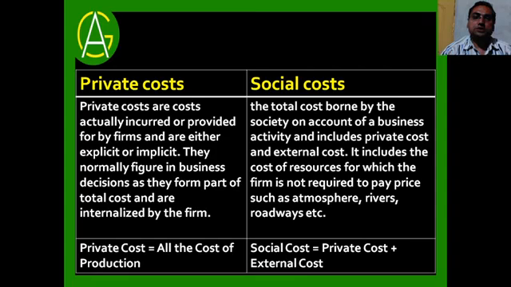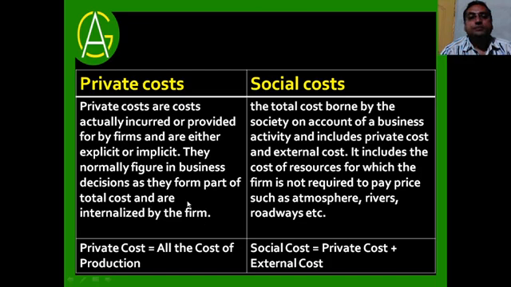Next set of cost is private cost and social cost. Private cost is simply the total of explicit and implicit cost, or we can say the cost of production of any particular product. They normally figure in business decisions as they form part of total cost and are internalized by the firm.